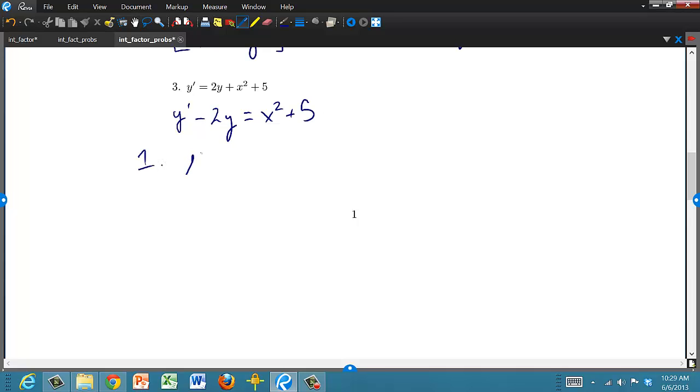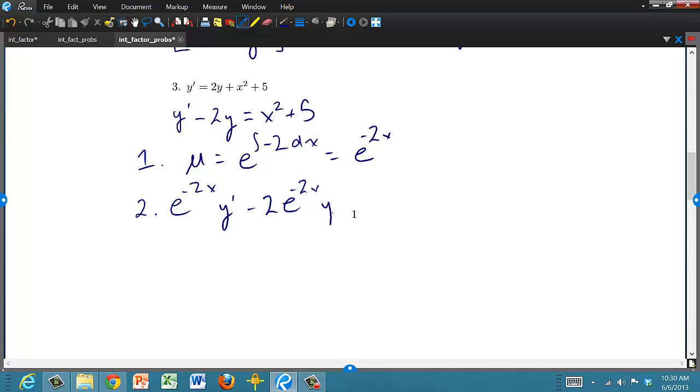So your integrating factor mu is going to be e to the integral of negative 2 dx. So that's going to be e to the negative 2x. Multiply by the integrating factor, you will get e to the minus 2x y prime minus 2 e to the minus 2x y equals e to the minus 2x x squared plus 5 e to the minus 2x.